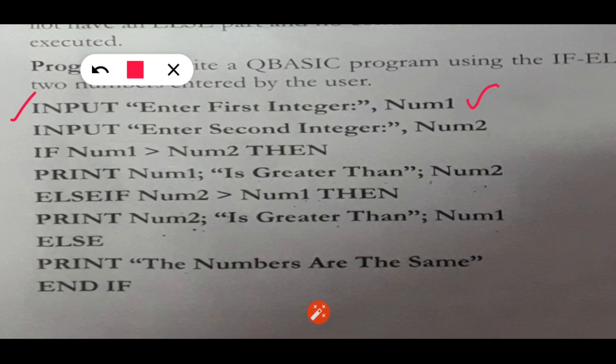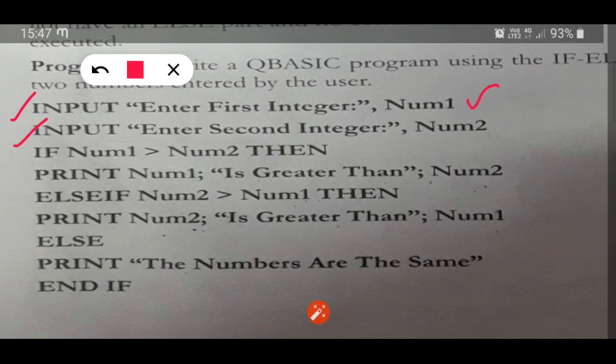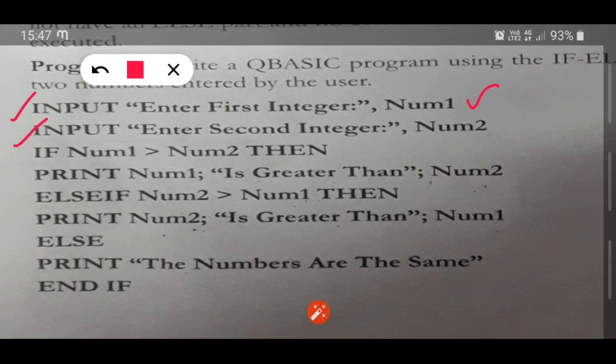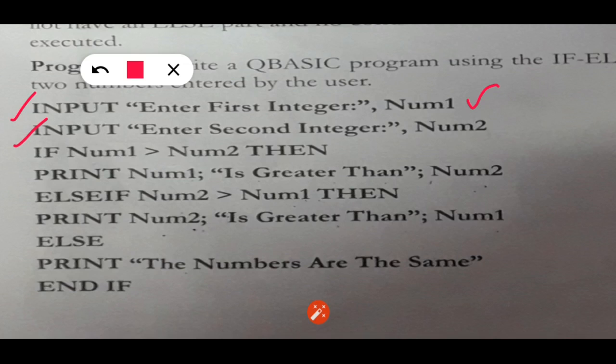Num1 is a variable, so the first number you enter will be stored in num1. After that, enter the second integer. It will be stored in the num2 variable.